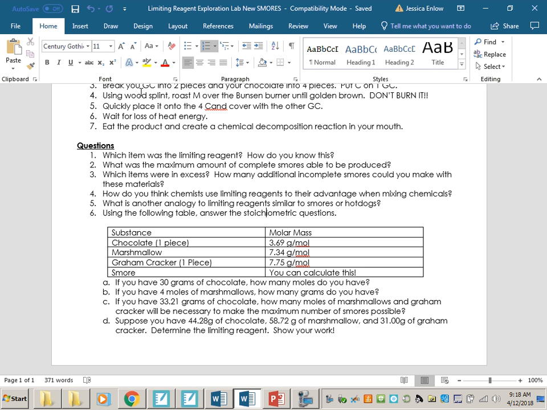The marshmallows and graham crackers are so with the marshmallows 15. Which item will you accept?